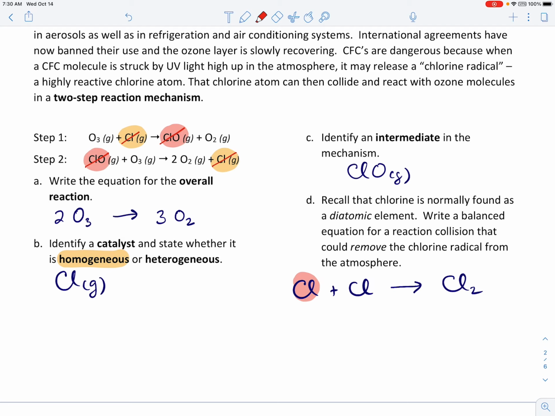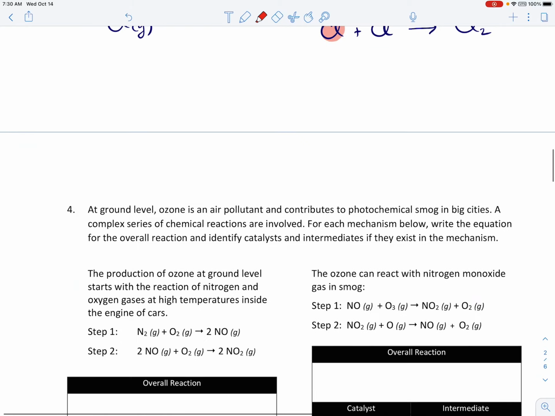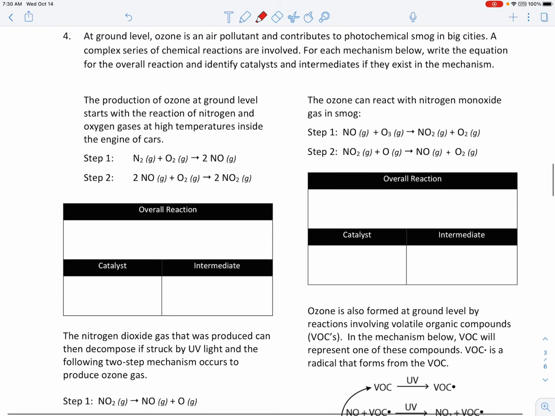Chlorine gas, Cl2, is not a catalyst in the destruction of ozone. So when the chlorine atoms collide like that, they are being removed from the atmosphere in terms of destruction of ozone. That would be called technically a termination reaction or a termination step, because the catalyst is being removed or terminated.